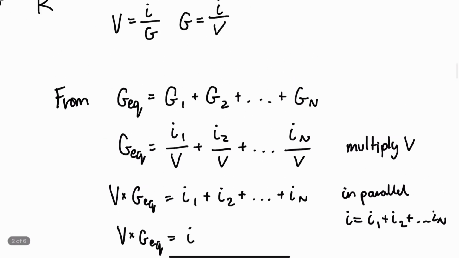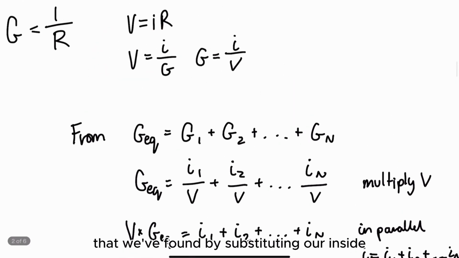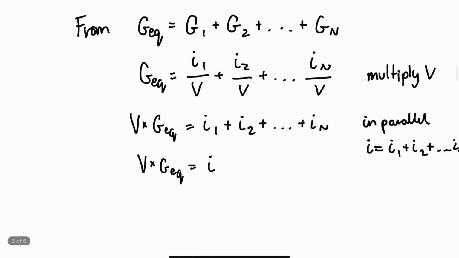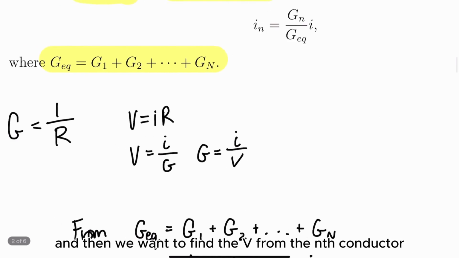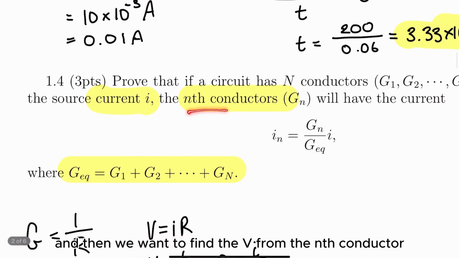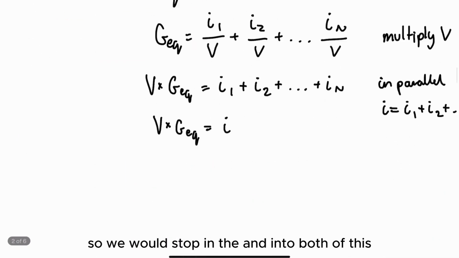Now, we can use this V up here that we've found by substituting R inside. And then we want to find the V from the nth conductor. So we would sub in the N into both of these.